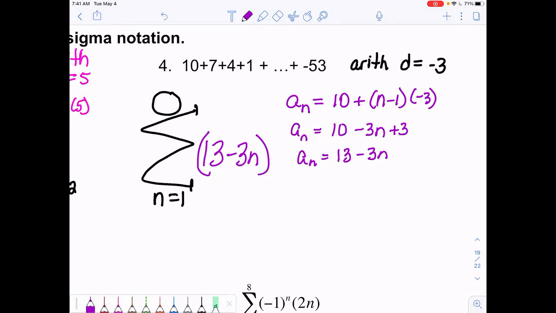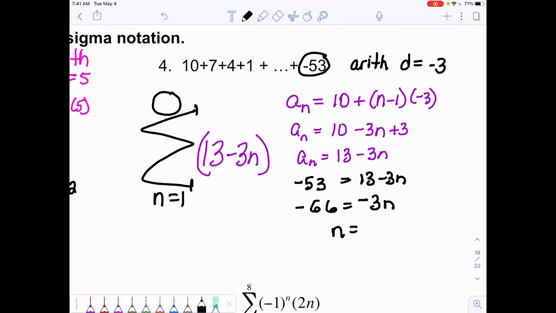So Jordan, how would you find then the number of terms? Yeah. So a sub n is -53. So then if I subtract 13, how many terms are there, Jordan? 22.